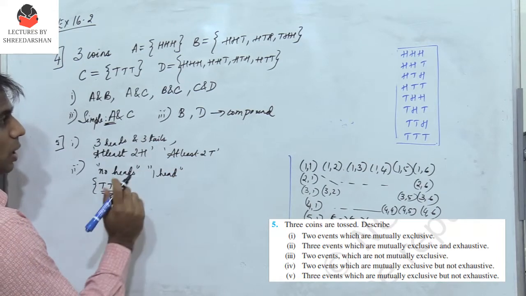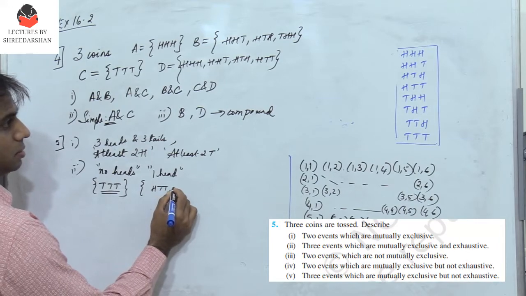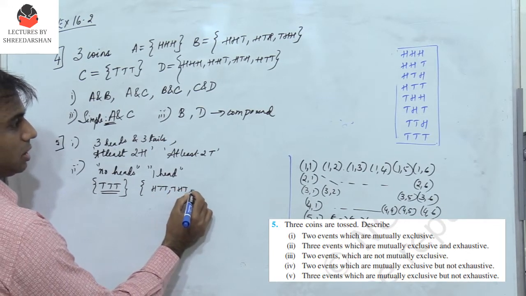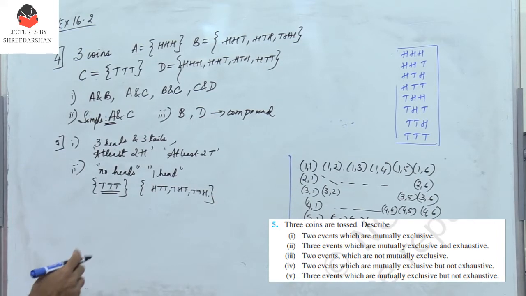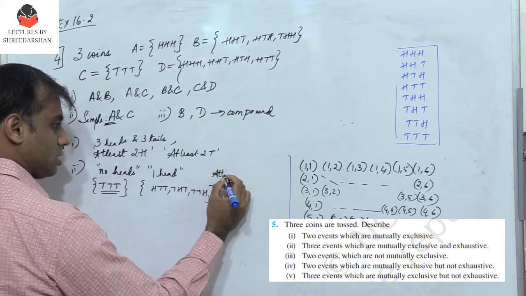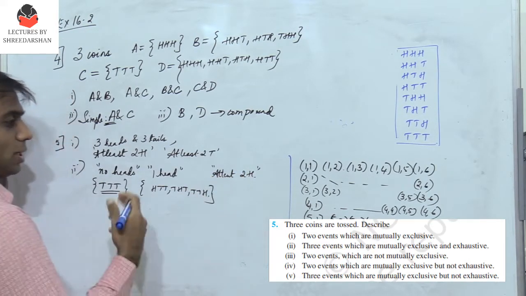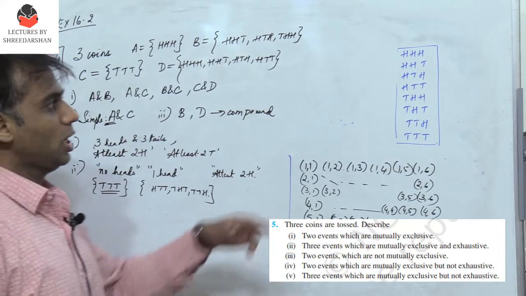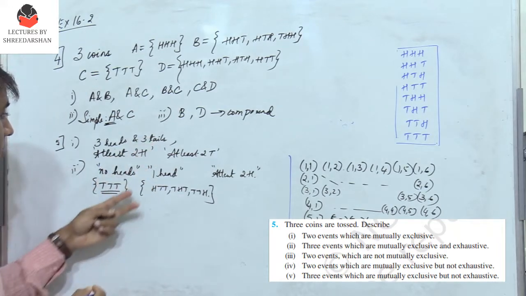So when we consider 1 head, I have head, tail, tail, tail, head, tail, tail, tail, head. So I have these 3 combinations. And I consider one more where there is at least 2 heads. So at least 2 heads means you have 2 heads and you can have more than that.